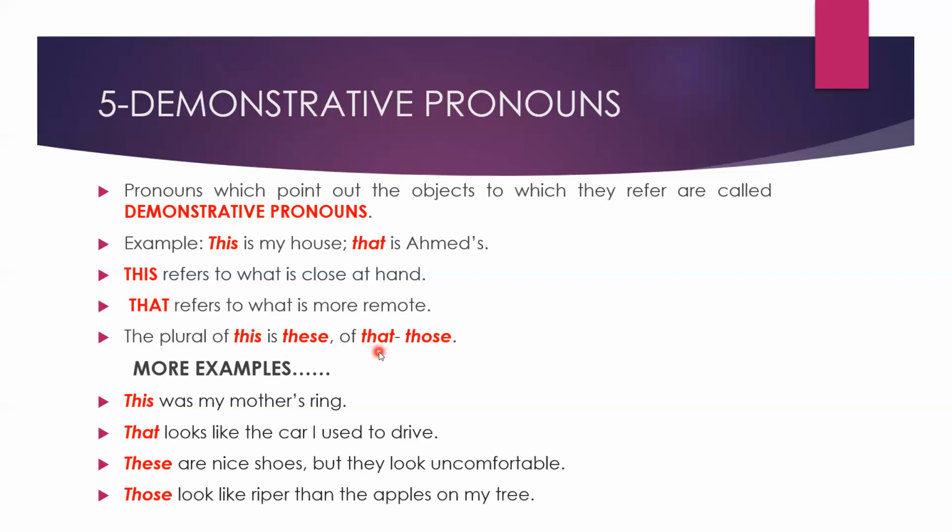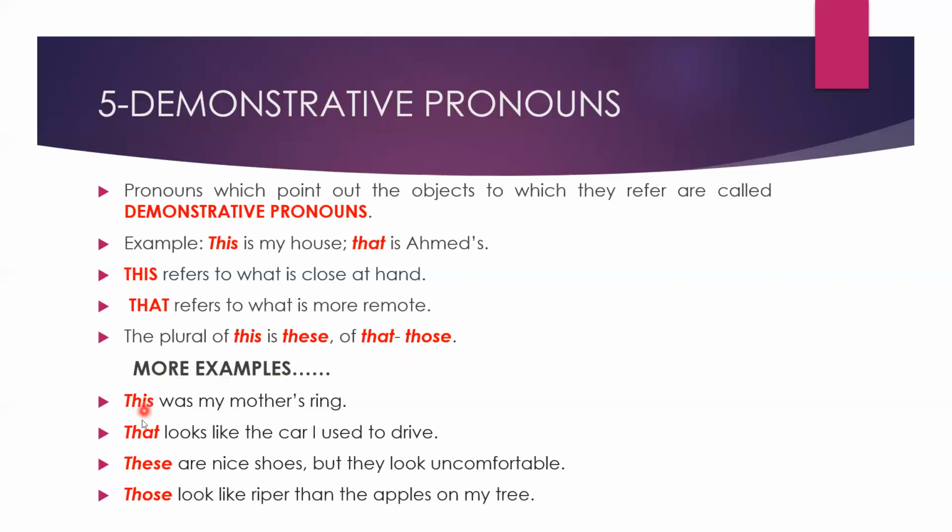Same, that is used for the single thing which is far away, more remote to you. Remote means away. That is my bag. But if you have 2 bags, you can say those are my bags. So for the singular, we use that, and for plural, we use those.